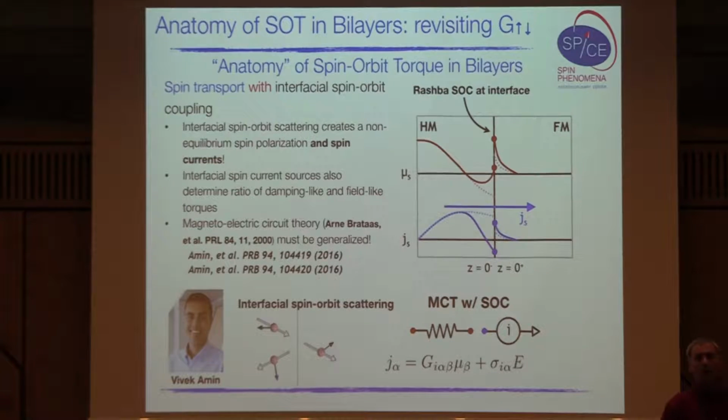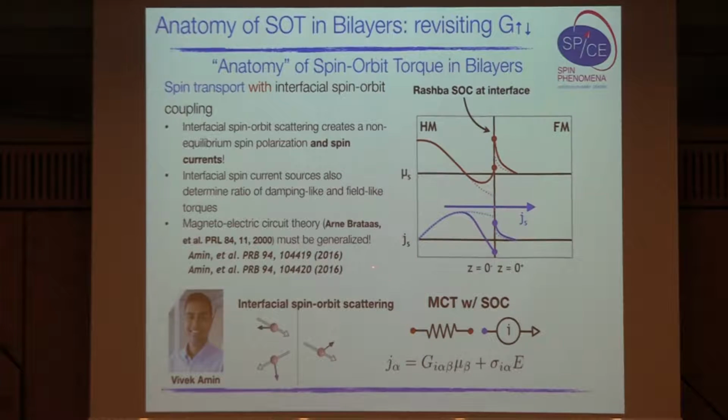It can be defined by different ratios, but many other things are going to happen. This simple decoupling that occurred without spin-orbit coupling, assuming that you don't have any spin loss at the interface, is not going to occur. The anatomy itself is going to become more complex. Some things are going to dephase and some things are not anymore.